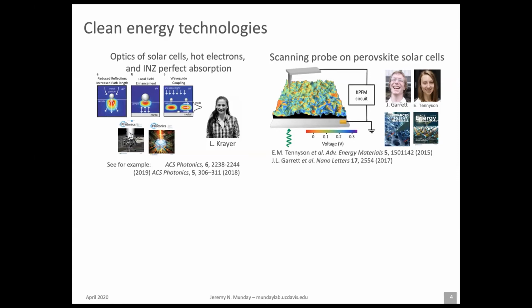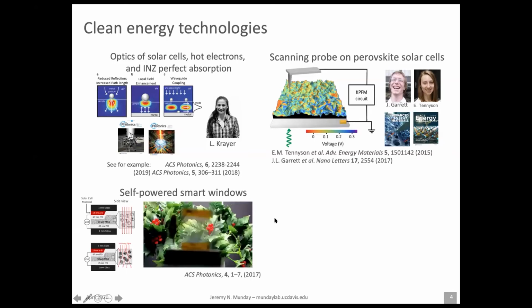So the efficiencies have rapidly improved. However, there are still a lot of issues with them, otherwise you'd see them deployed. Those issues are mostly related to degradation processes. So we do scanning probe techniques, which is basically looking at surfaces on the nanoscale in order to understand what's happening during these processes.